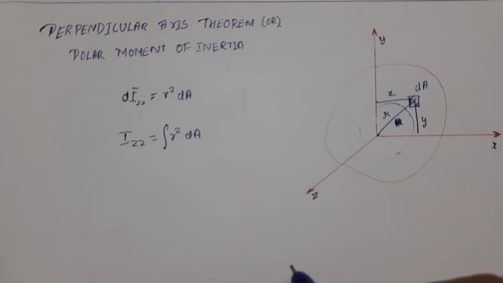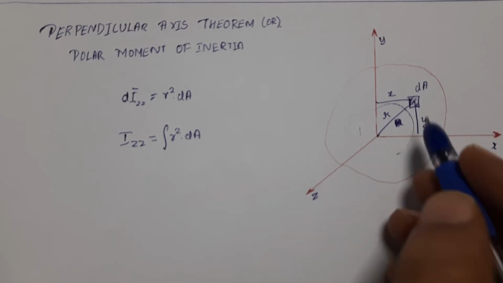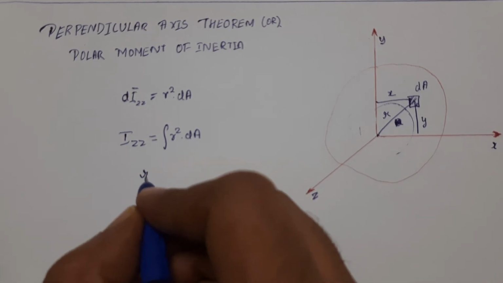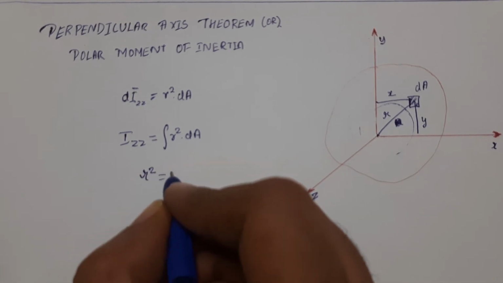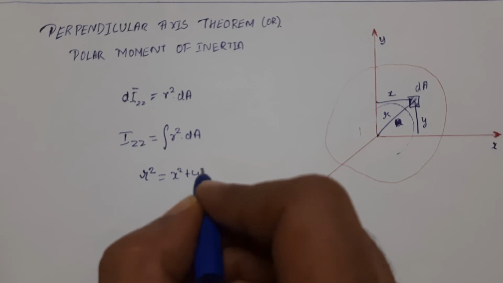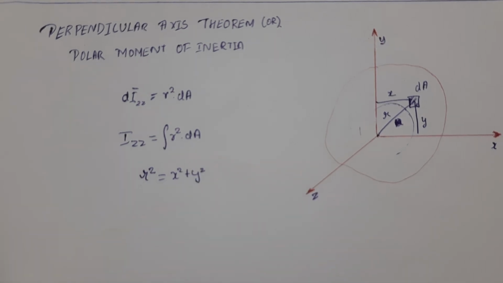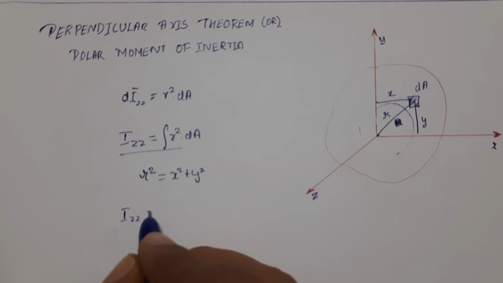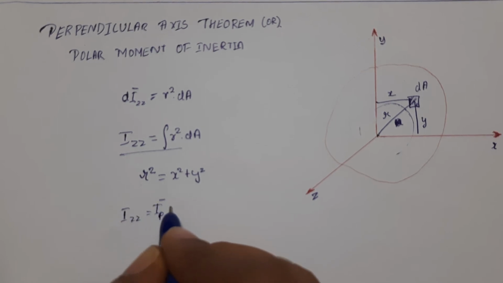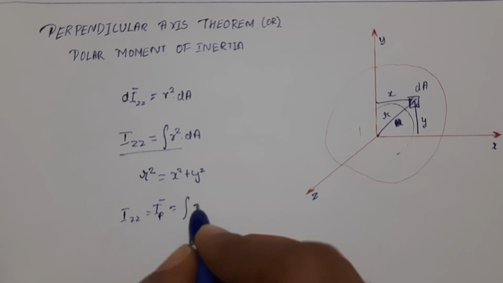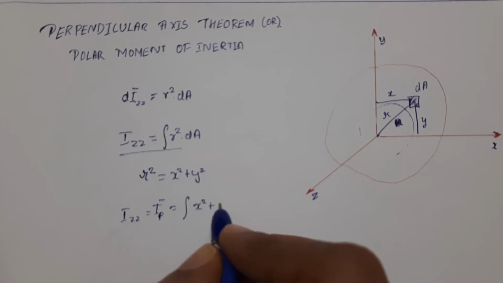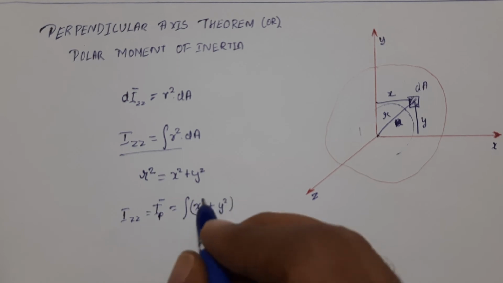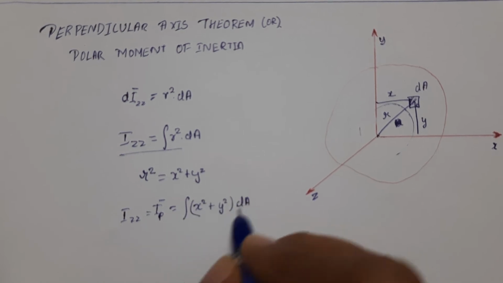Since we know that this radial distance r square can be expressed as x square plus y square, the polar moment of inertia can be determined as Izz, which is the polar moment of inertia Ip, equal to the integration of x square plus y square into dA.